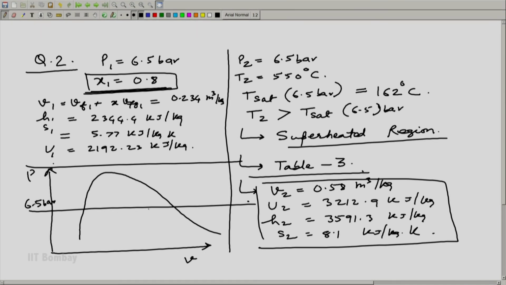So, my point 1 could be somewhere at this point, because this is the entire length from 0 to 1, that is what our dryness fraction is, and 0.8 would lie somewhere at this point, while the remaining 0.2 will be in the superheated region outside this dome, maybe somewhere at this point. This is my process 1 to 2, alright, this is what it would look like.